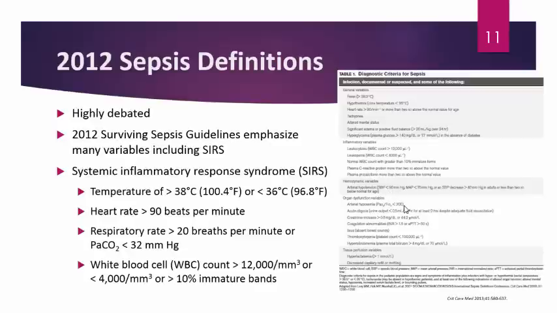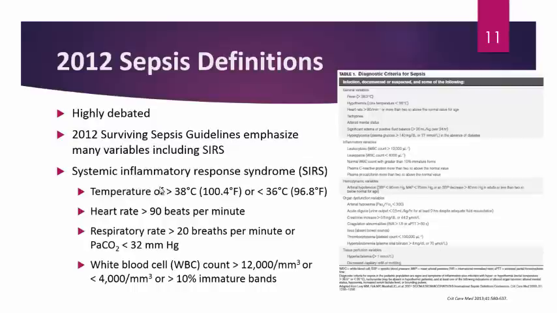Now, because it looked at so many different variables, people kind of felt a little bit confused because there are so many factors here that it was too much to keep up with. And that is kind of a little bit of how monitoring for systemic inflammatory response syndrome, or SIRS criteria, came up.